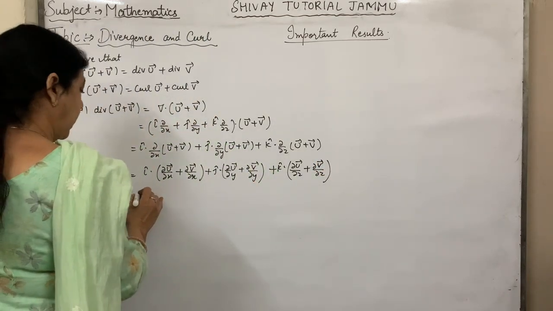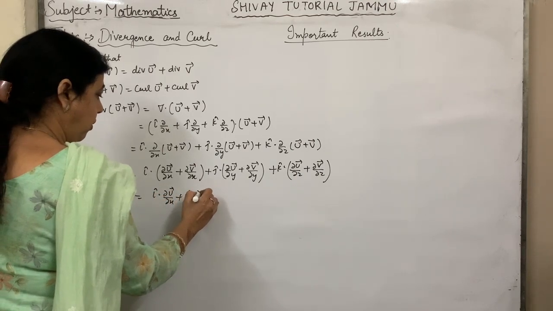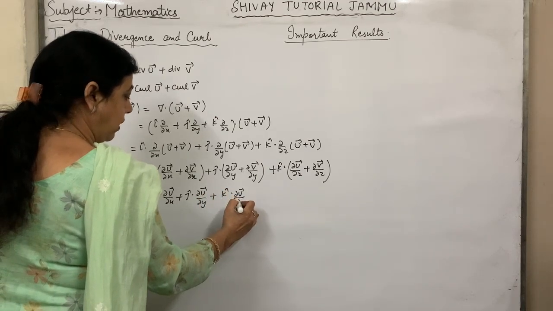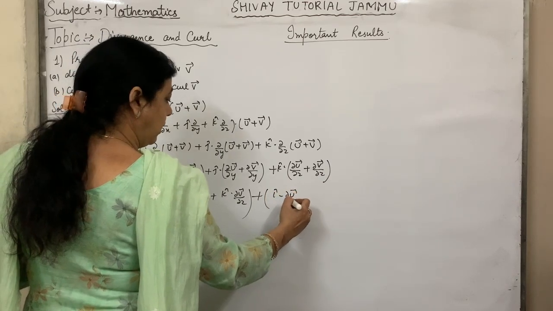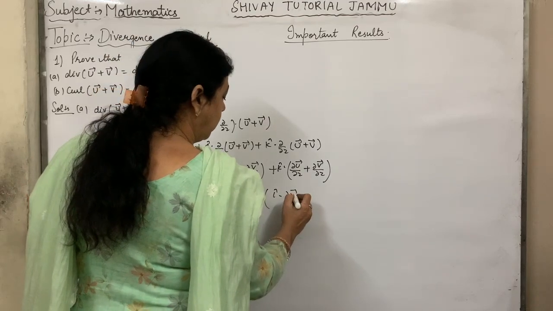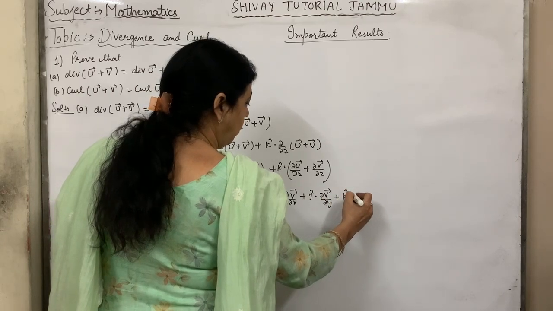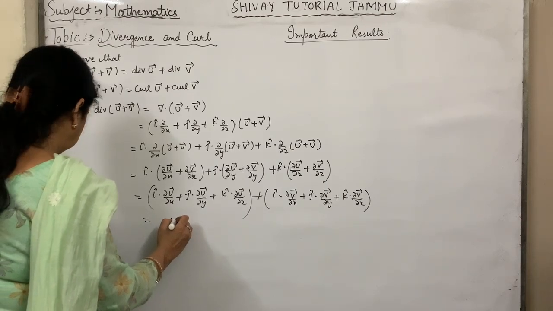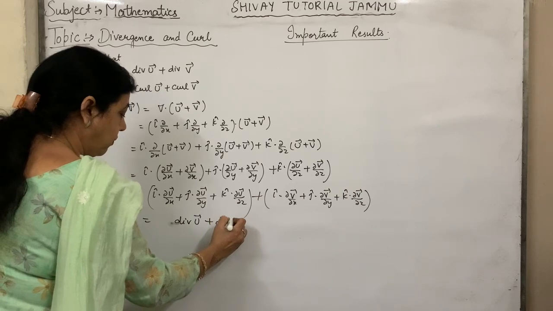Now you will get i dot ∂u/∂x plus j dot ∂u/∂y plus k dot ∂u/∂z, plus i dot ∂v/∂x, j dot ∂v/∂y plus k dot ∂v/∂z. You will get this as div of u plus div of v vector.